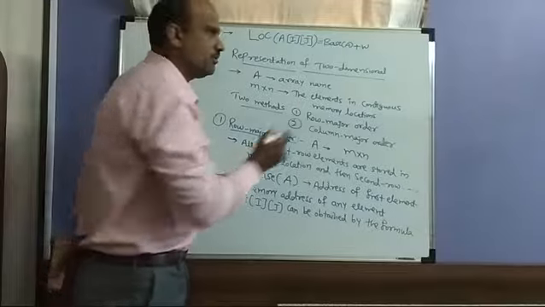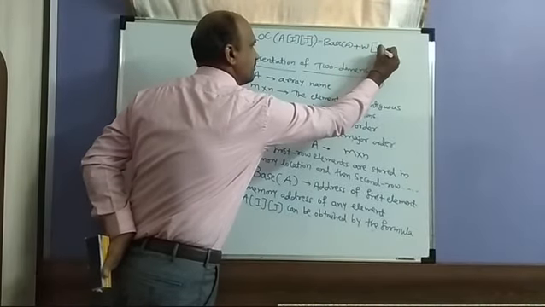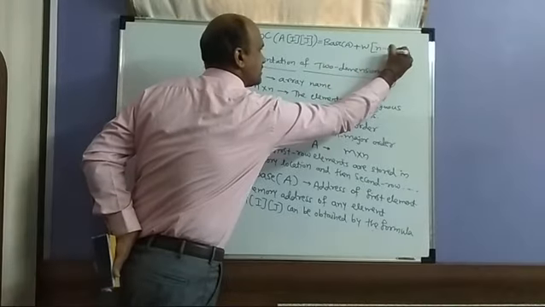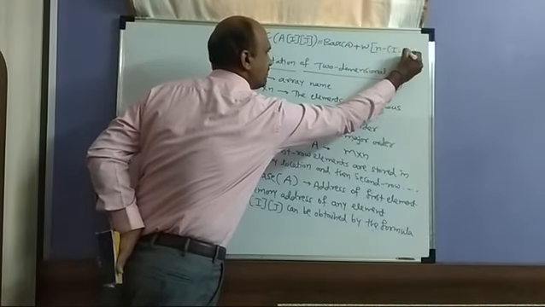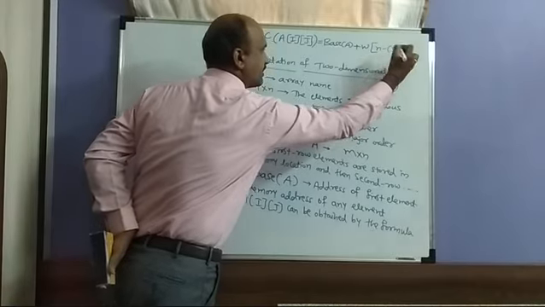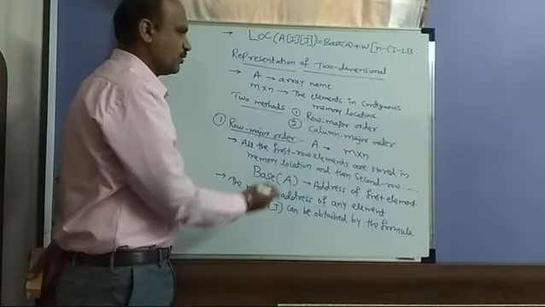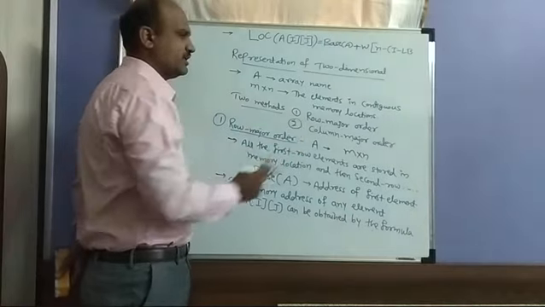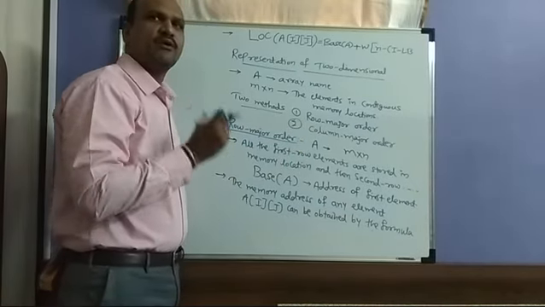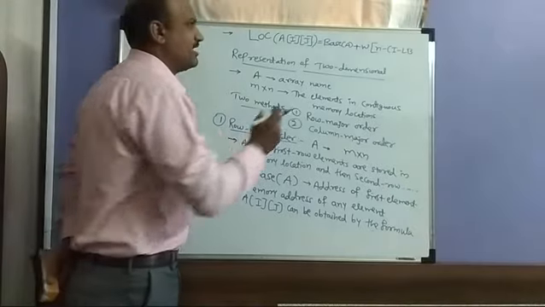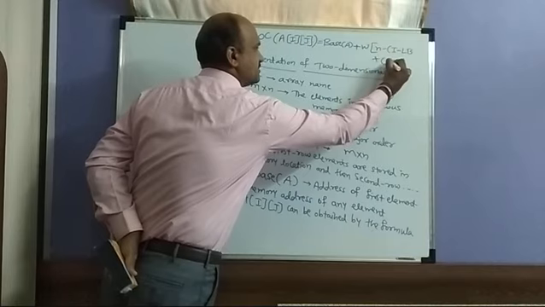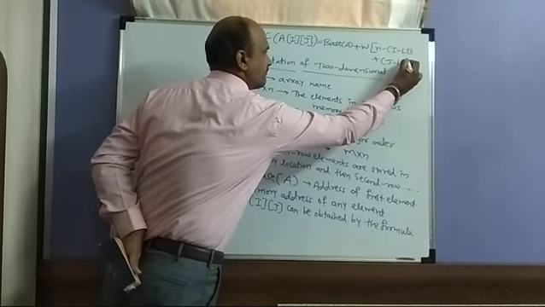Then n, the number of elements in a row, times i minus LB, plus j minus LB.